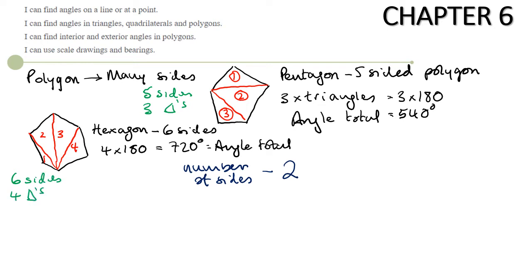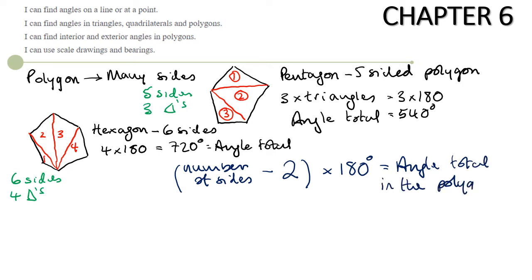So if I do the number of sides, take away 2, I get the number of triangles. If I multiply that by 180, I get the angle total in the polygon. It doesn't matter how many sides it's got. So this bit here, where we're doing the number of sides minus 2, what we're working out there basically is the number of triangles.